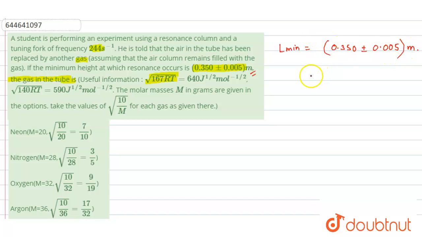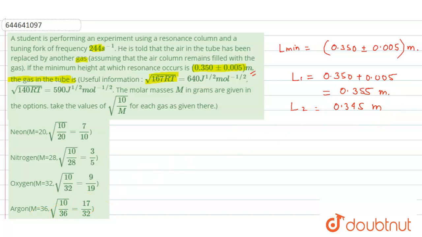It simply means that if the length of the gas column is 0.350 plus 0.005, which means 0.355 meters, or if we take the minus sign, it will be 0.345 meters.